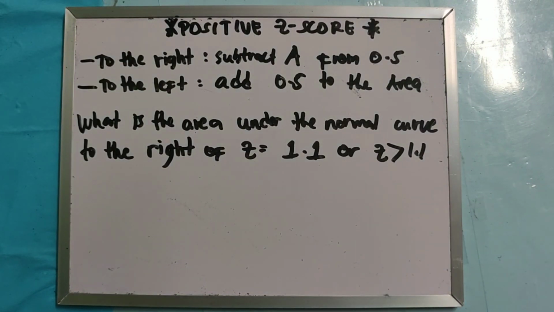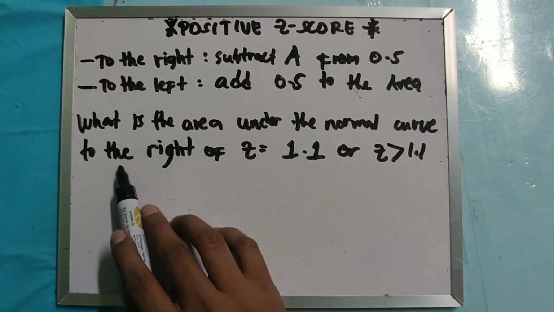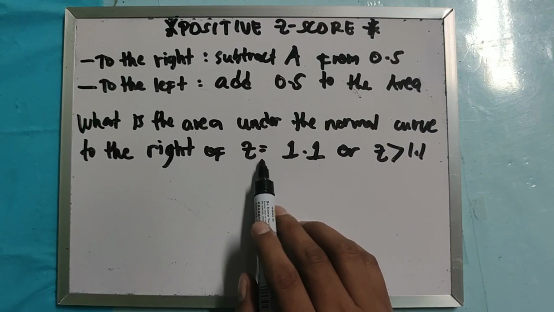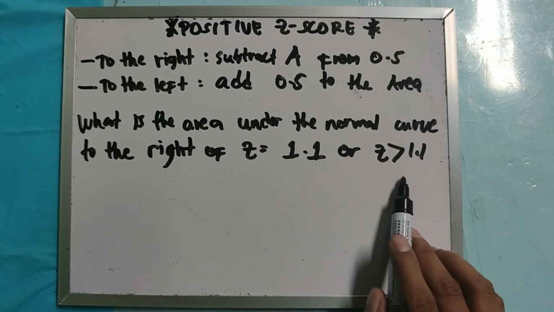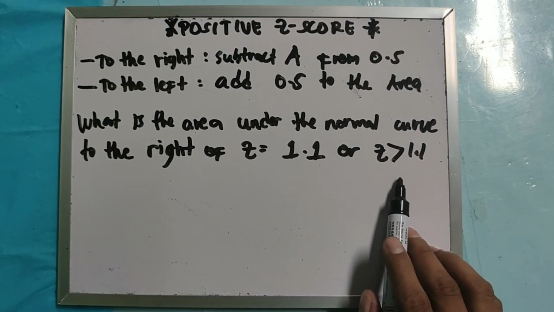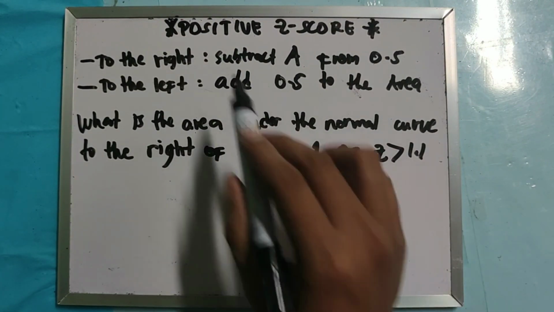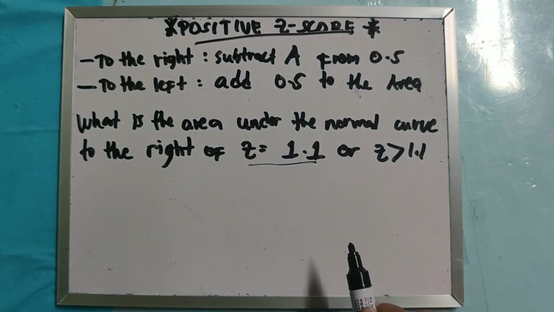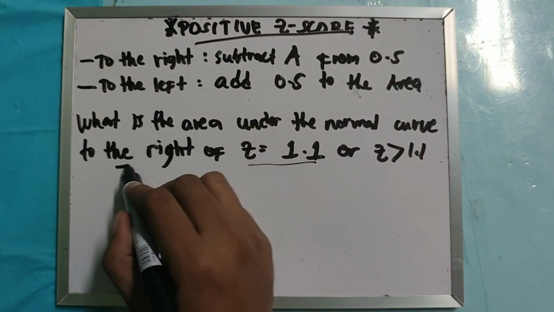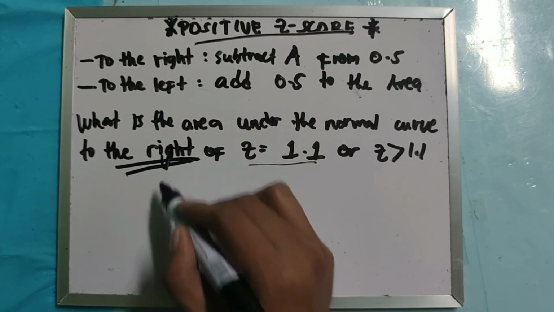What is the area under the normal curve to the right of z is equal to 1.1 or z is greater than 1.1? So, dapat una natin i-consider mag-satisfy siya. Positive z-score. Let's apply the rule. Hinahanap natin dito, the required area is to the right of a positive z-score.